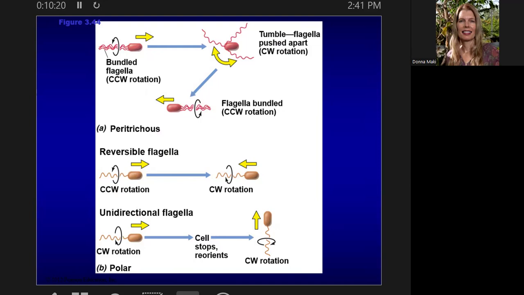If they rotate it the other way, it pulls them back. So it can be a push or a pull. And then this one, it looks like some bacteria can only do it in one direction, and then they wait for the liquid to move them around a little bit, and then they'll wander off again. So there are slightly different strategies there.